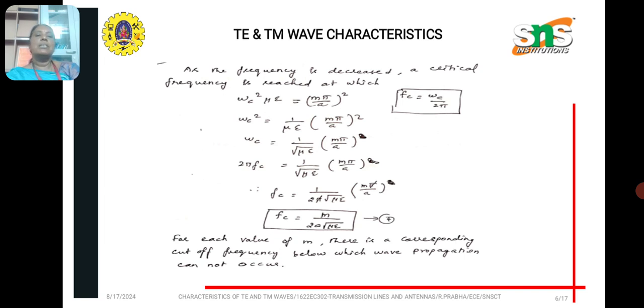From this equation, we can understand that for each value of m, there is a corresponding cutoff frequency below which no wave propagation can occur, because fc is the cutoff frequency, and below cutoff frequency there will not be any wave propagation. The wave propagation starts only from the cutoff frequency value.